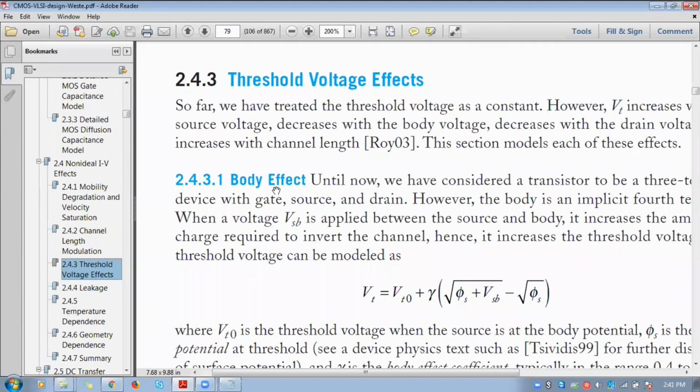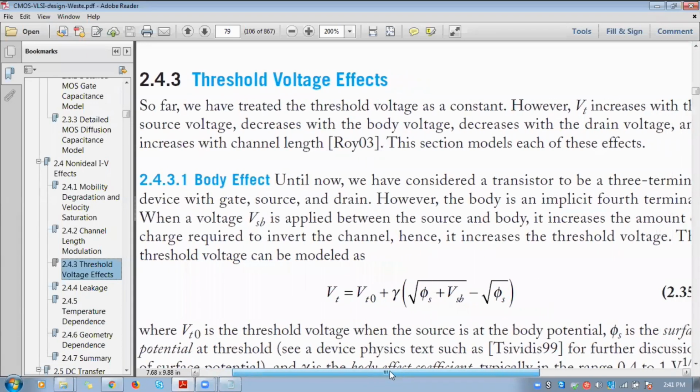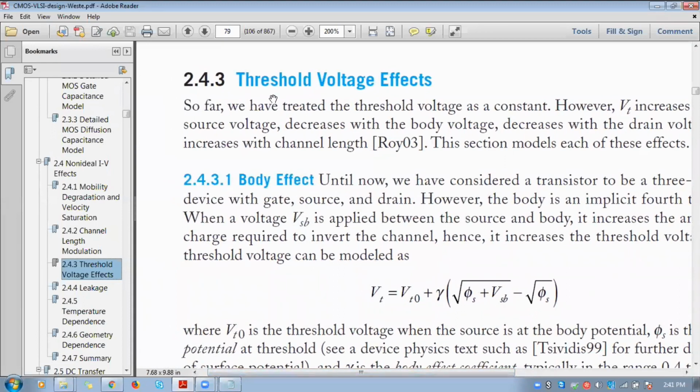So the VSB, the source to body potential, we consider approximately equal to 0 when treating a single transistor. Actually, the VSB value is not 0, it is a small amount. We neglect that value.